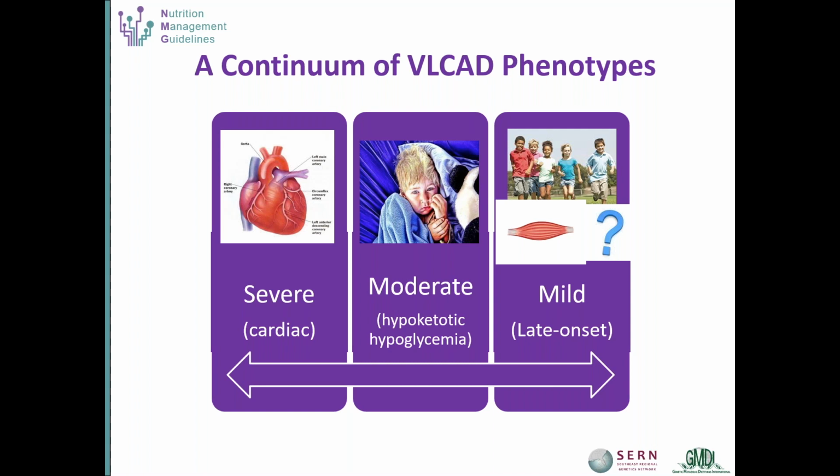The moderate phenotype rarely develops cardiac problems, but they are prone to episodes of low glucose and low ketones, especially during illness or other stress. And then there's the mild phenotype, also called late onset. This group tends to not have problems when they're younger, but can develop muscle problems and rhabdomyolysis episodes in adolescence or early adulthood.